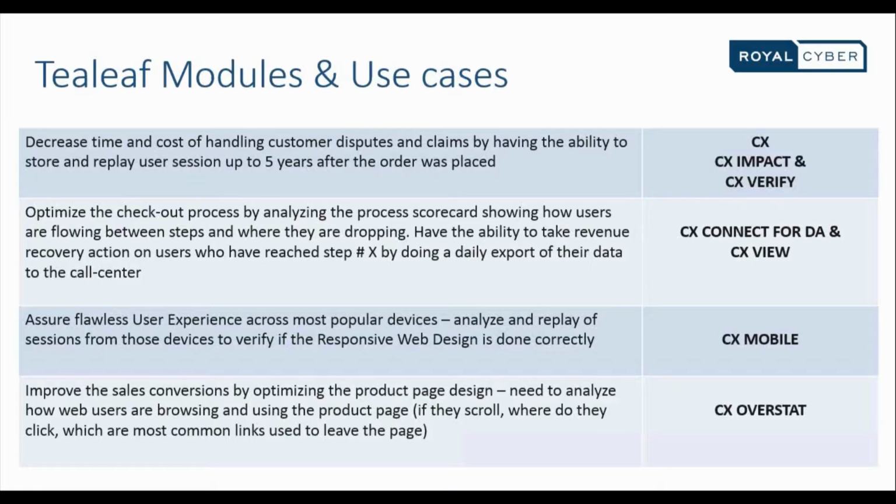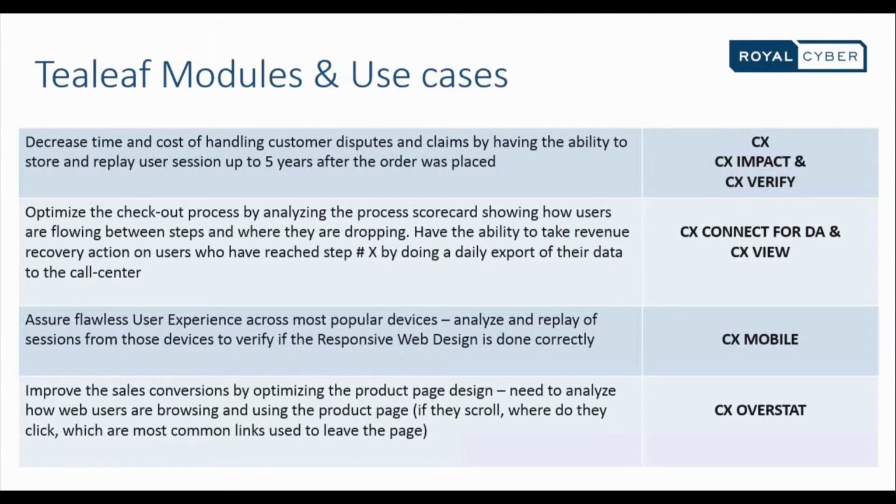You have the ability to take revenue recovery action on a user who has reached a certain step by doing a daily export of their data to the call centers. And CX Mobile assures a flawless user experience across the most popular devices, like Android or Apple iOS, and analyzes and replays sessions from those devices to verify whether the responsive web design is done correctly or not.